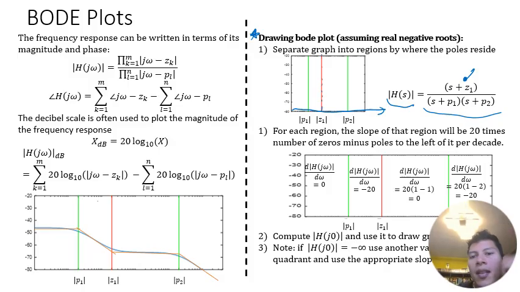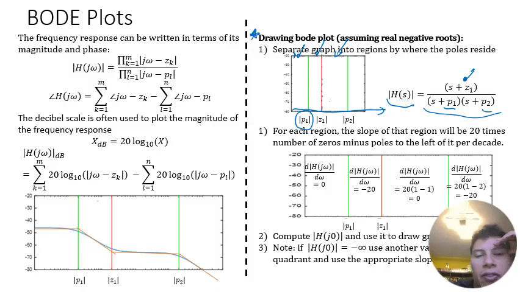Cool? The poles, and then you denote also the location of the poles by vertical lines. And then you start by figuring out what the slope will be in each subregion.